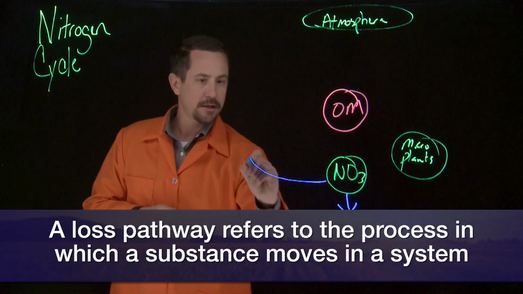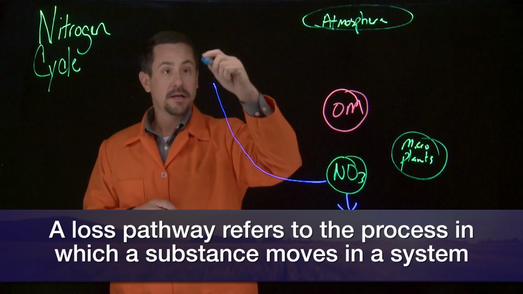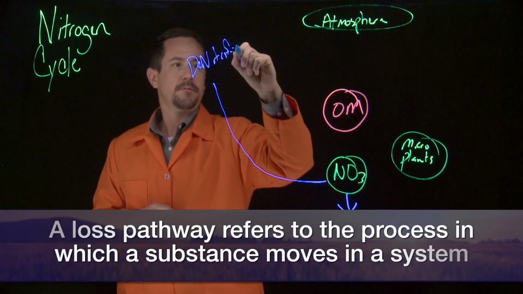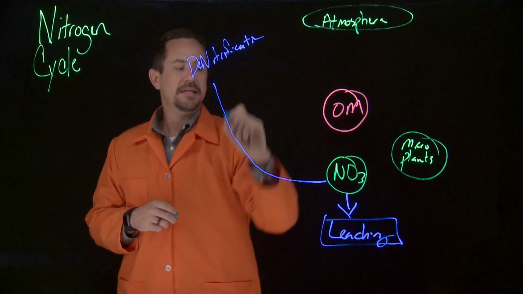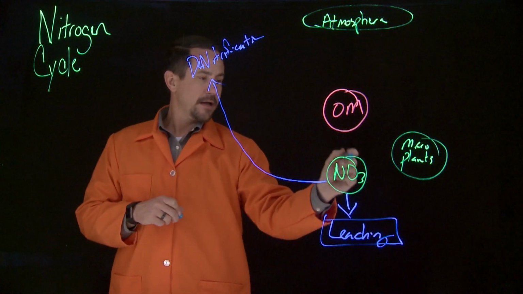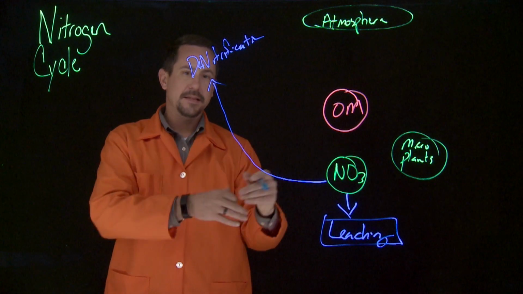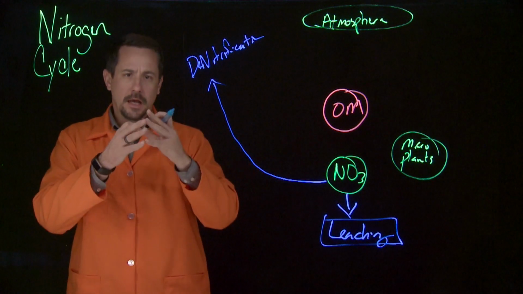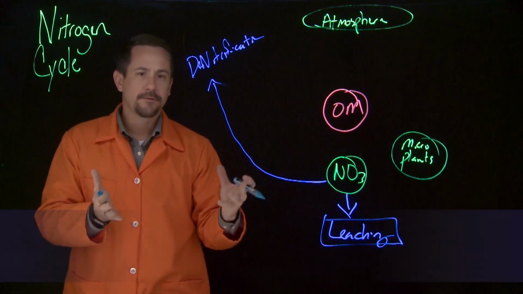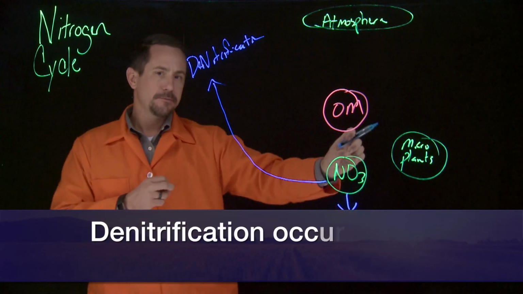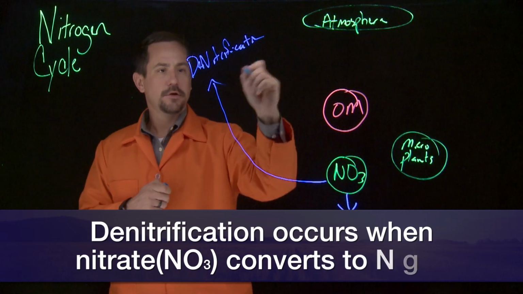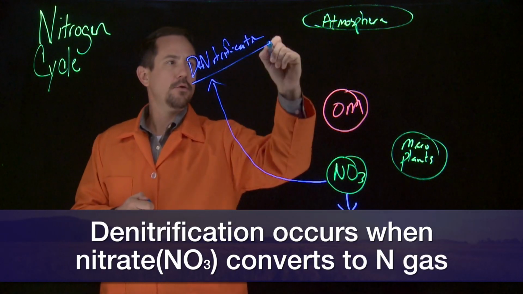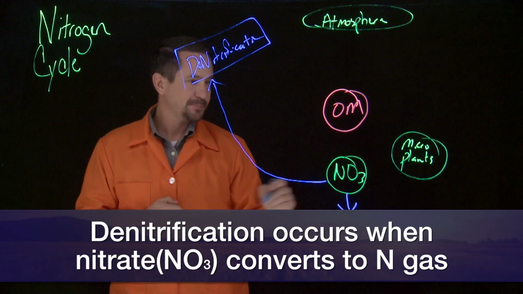One, we bring up this way, and this one is denitrification. Denitrification is when nitrate is sitting there and the soil becomes anaerobic, or basically it has water. It is sitting in water, so there's a lack of oxygen. The oxygen is pulled from nitrate and it turns into nitrogen gas. And so we have a loss pathway going up this way of denitrification.